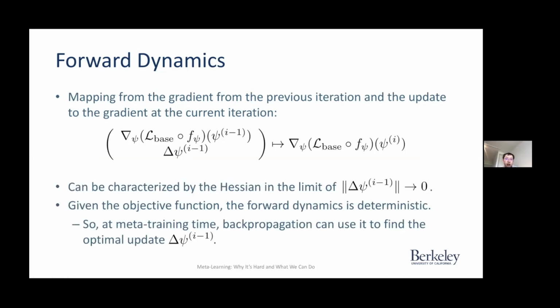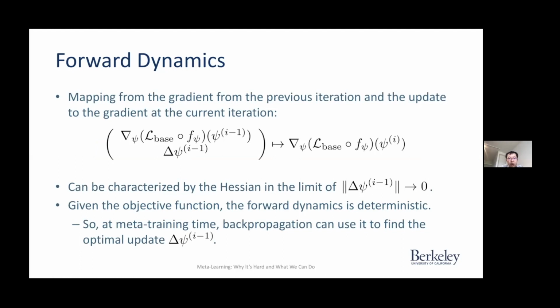Of course, this reminds you of the Hessian, in the limit of infinitesimally small updates. That is what the Hessian tells you: how the gradient is going to change in response to an infinitesimal change to the parameters.